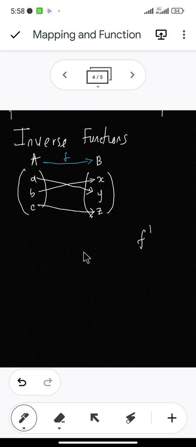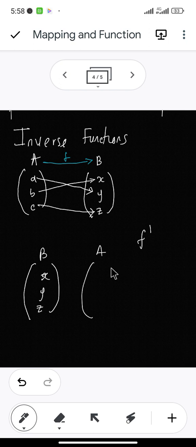Understand? The inverse will now turn this whole thing around. For the inverse of this function, B becomes the domain and A becomes the codomain. So B now becomes the domain. B will have X, Y, Z. And we have A as the codomain.